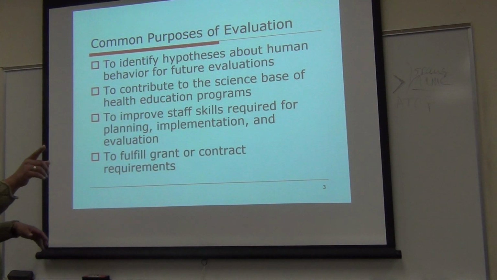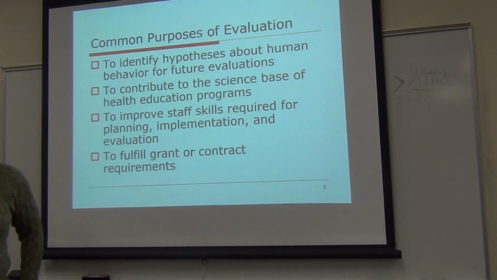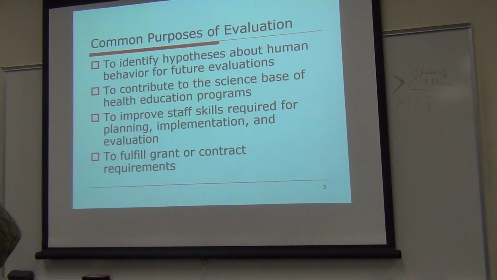So you guys did talk about grant or contract requirements. Okay. Nowadays, you have to do evaluation. Even if it's just minimal documentation of here's how many came, here's how many participated, here's how many did, whatever. That's minimal evaluation that always has to be done.